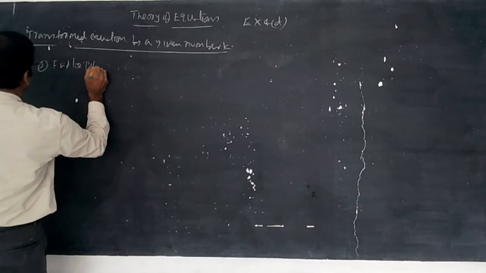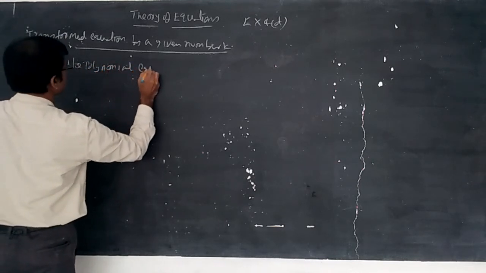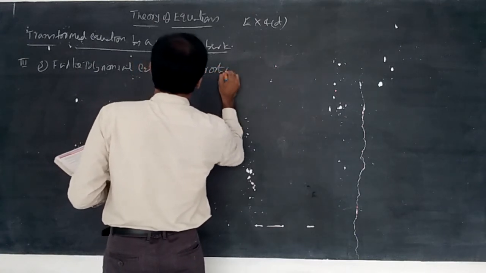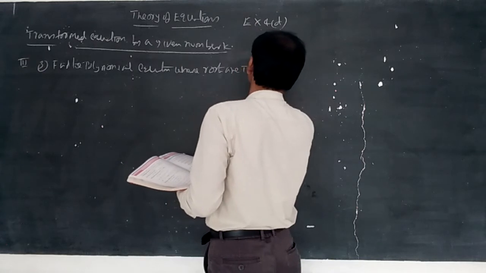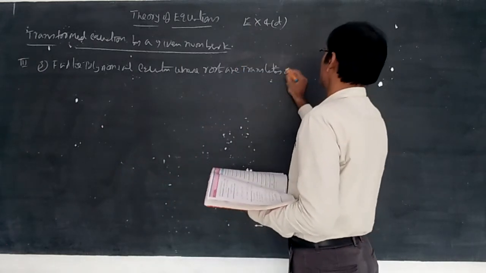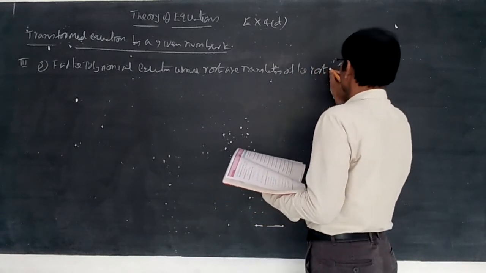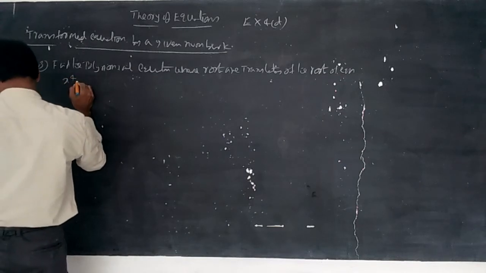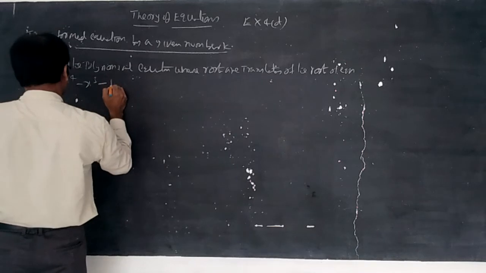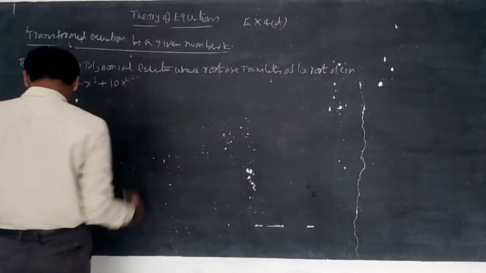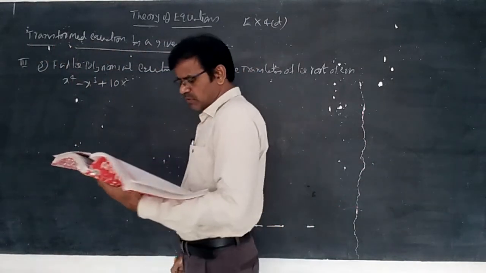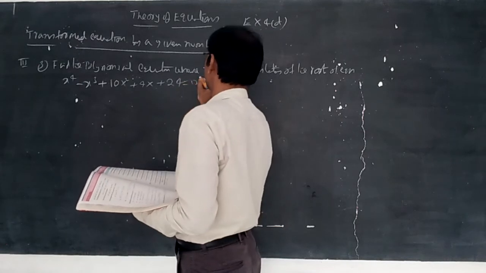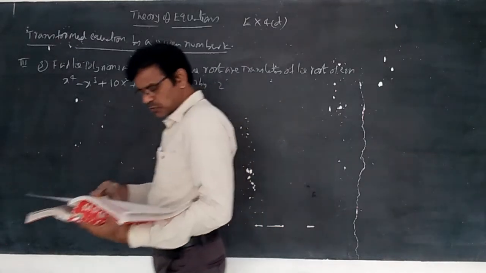Find the polynomial equation whose roots are translates of the roots of the equation x power 4 minus x cube plus 10x square plus 4x plus 24 equal to 0 by 2. There is a print mistake in your book, correct it. So by 2 it is translating.